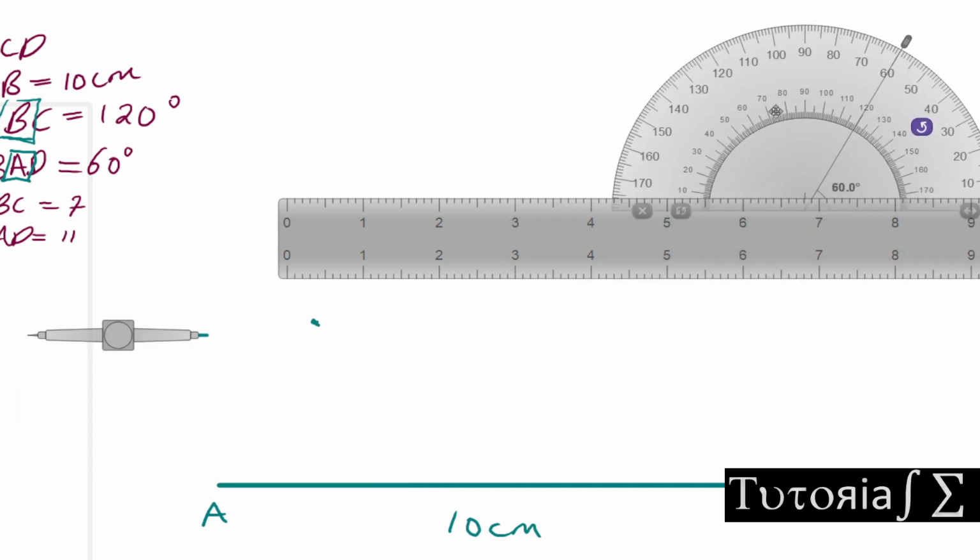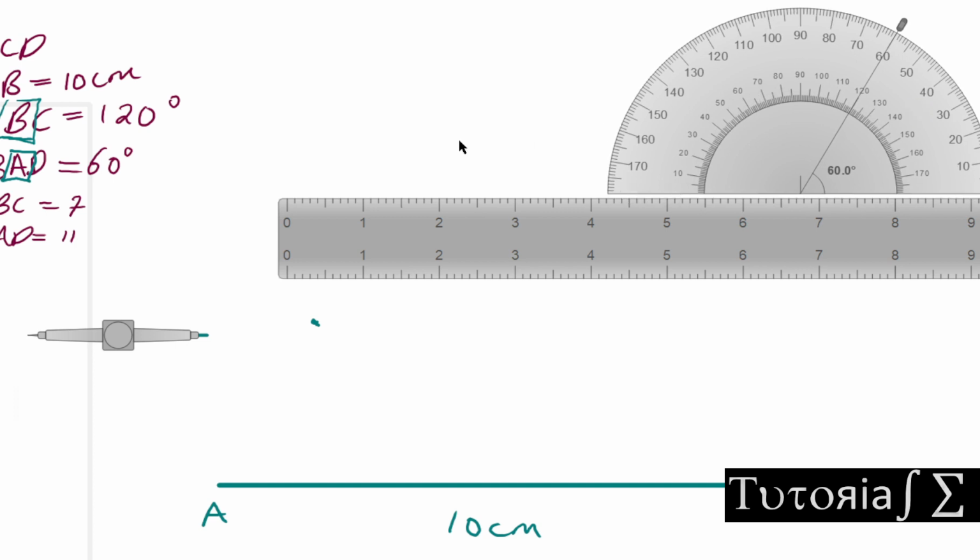All right, so from here, I've been told that BC is 7 centimeters.